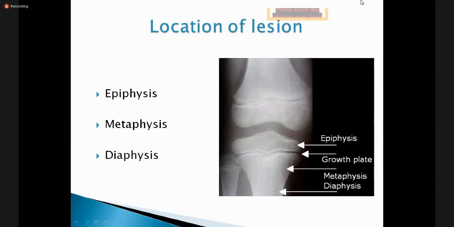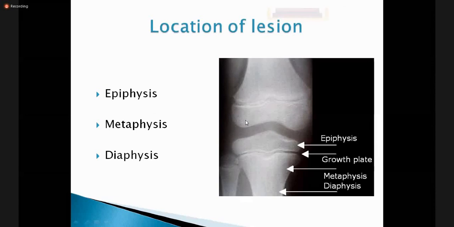For the location of the lesion, when we see the X-ray, we roughly assess the age. If it is an unfused skeleton, when the epiphysis and the metaphysis are not fused, it means it is a young patient. When these are fused, this line is invisible, and we assess the patient as somewhat aged.